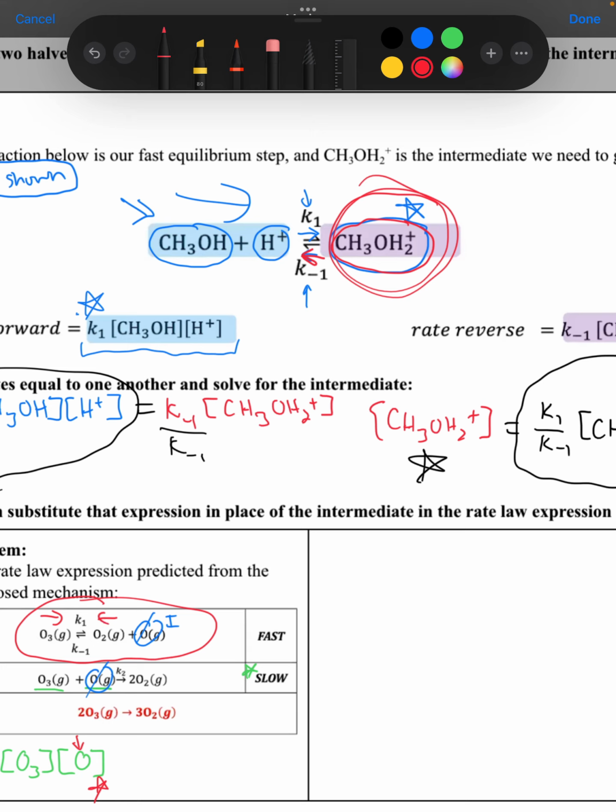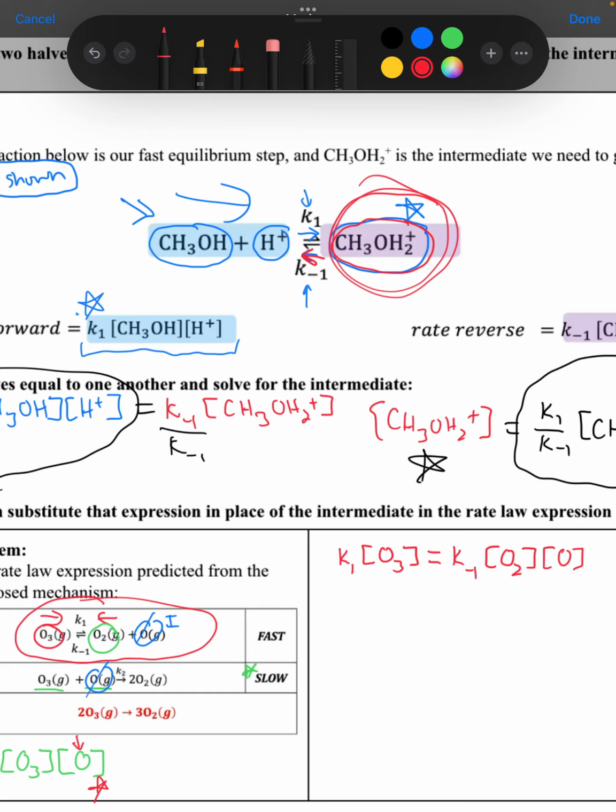If I were going to write a rate law for that forward reaction, I would say that the rate is equal to K sub 1 times our concentration of O3, right? And we're going to set that equal to the rate of the reverse reaction. And our rate of our reverse reaction would be K sub negative 1 times our concentration of O2 times our concentration of that intermediate.